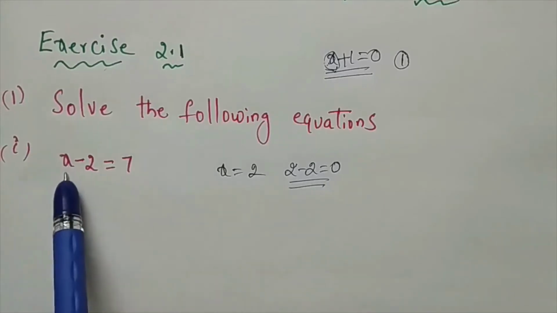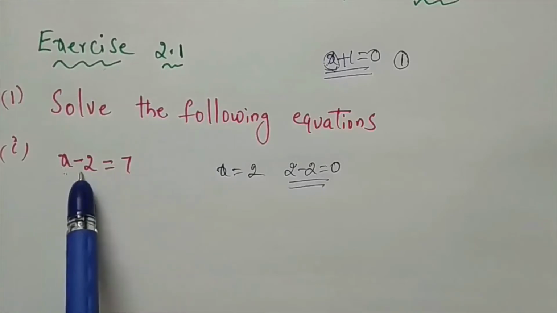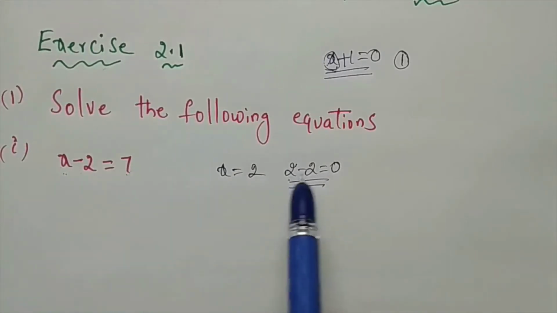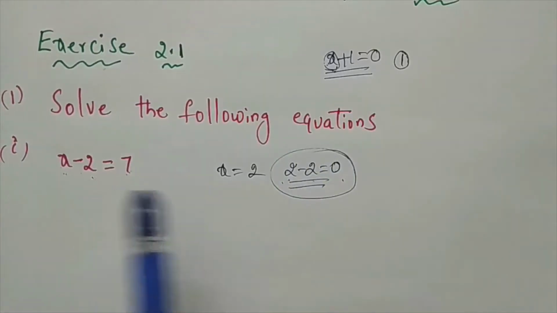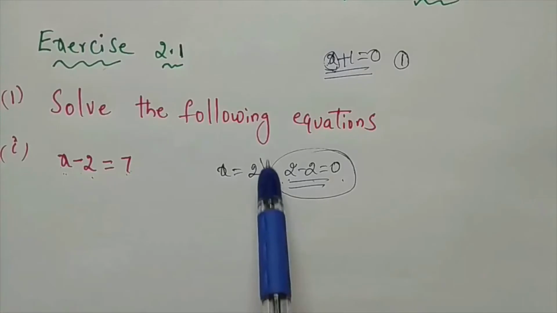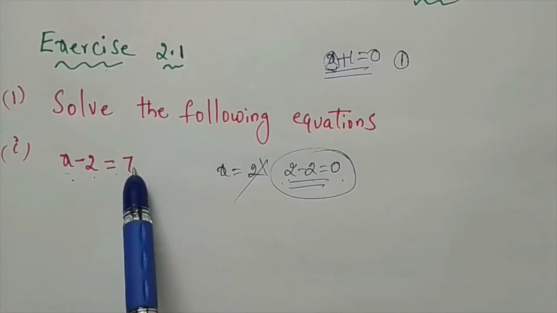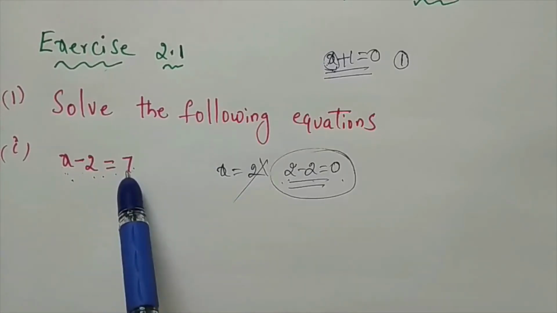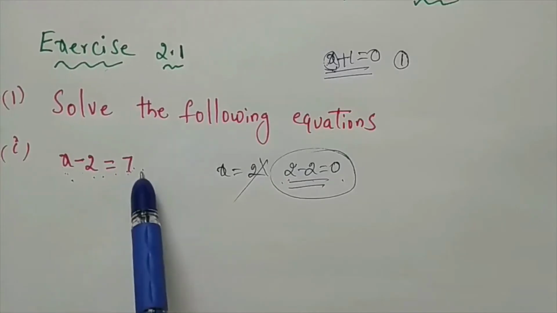But here the condition is x minus 2 should be equal to 7. If we take x as 2, 2 minus 2 is 0 and the value of the equation is 0. So 2 is not the solution of the given equation x minus 2 is equal to 7.